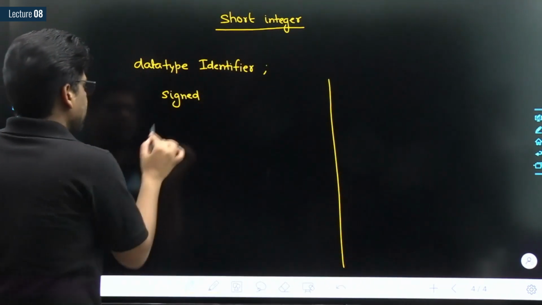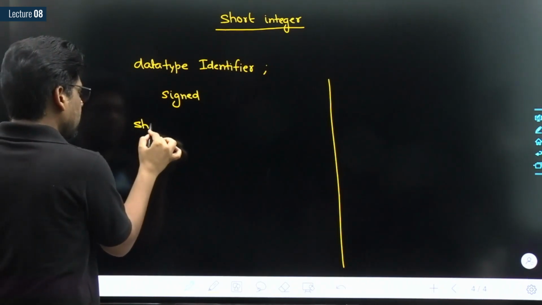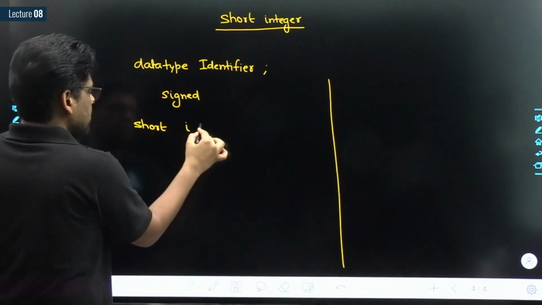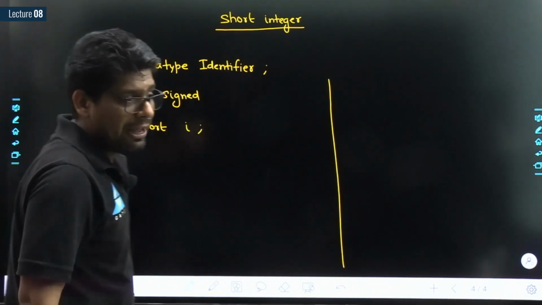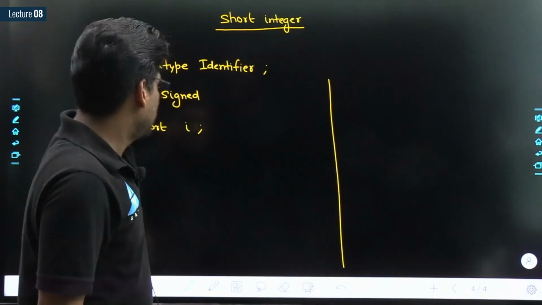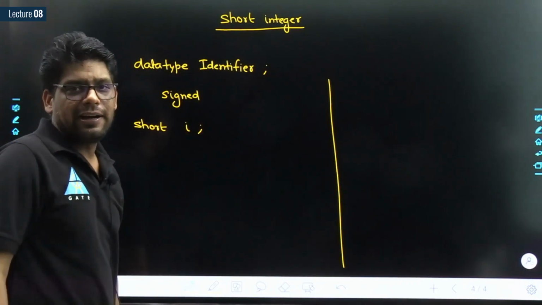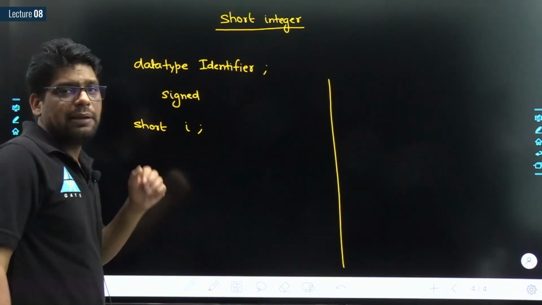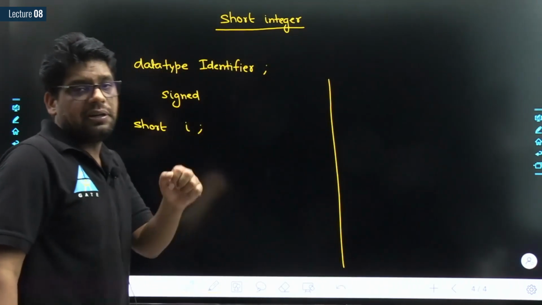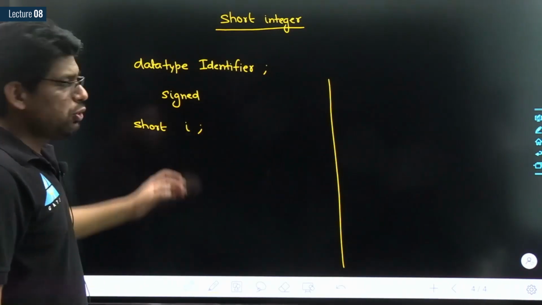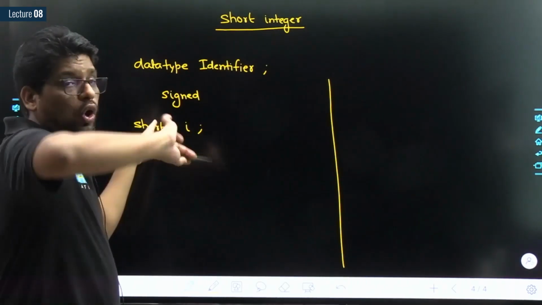Sir, can we declare a variable like this? Of course, it is not wrong. Why? Because, sir, short is only for integer data type. It is not for float data type, nor for character data type. That is why it is enough to say that I is of type short integer.